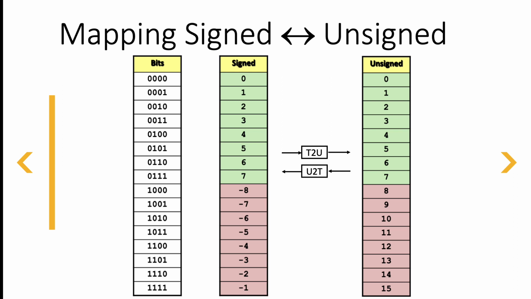So this makes mapping between signed and unsigned really, really easy, right? We never have to actually go in and modify any of the bits. As we saw in the last video, the bit representations pretty much stay the same. So if I want to convert from a -8 signed, I still just keep the bit pattern 1000. In unsigned, that just translates to 8. -7, 1001, if I just interpret that as unsigned, becomes a 9.